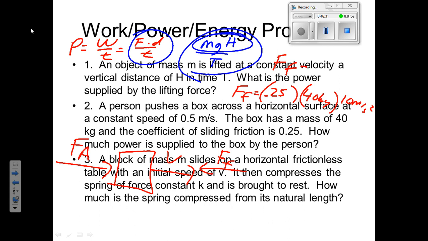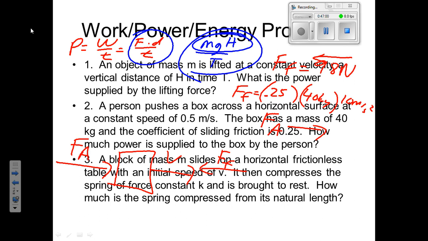So our frictional force is 98 newtons, which means we're pushing with a force of what? 98 newtons. Frictional force is going that way. We're pushing with an applied force going that way, 98 newtons. We know the force. We're trying to work from this equation. We're trying to find power. Power's work over time. Power's force times distance over time.